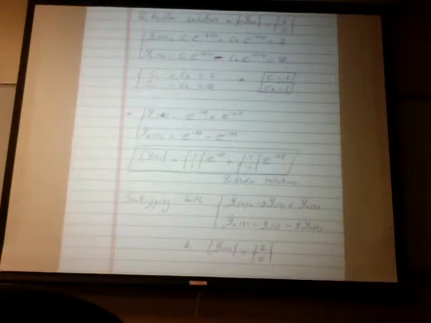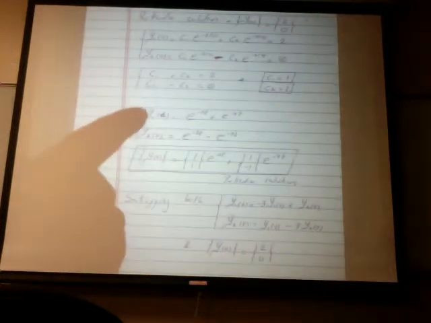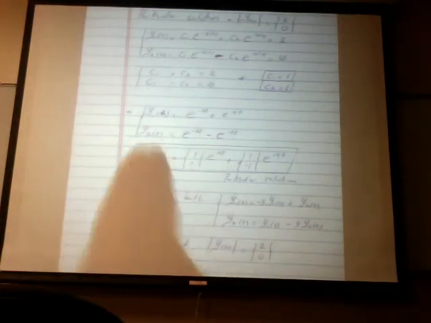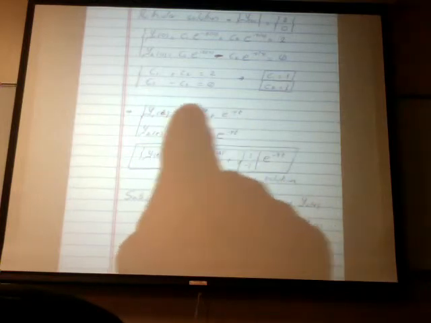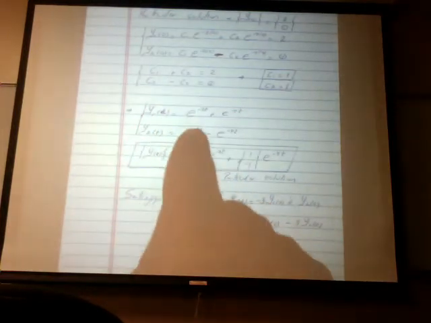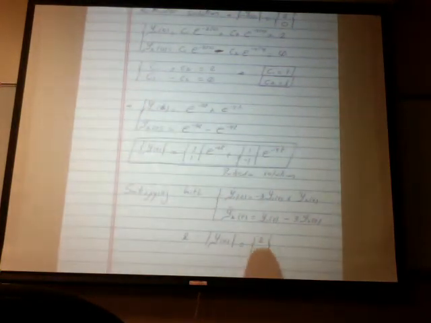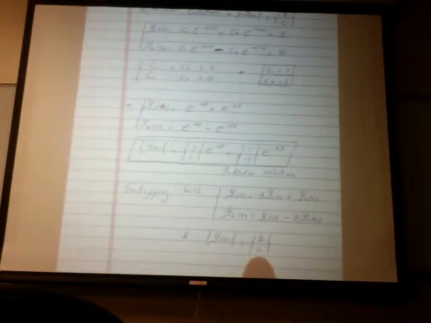You can try it. First of all, check if these satisfy the initial condition. At time equals 0, you get 1 plus 1 is 2, and 1 minus 1 is 0. You get 2 and 0. Okay?